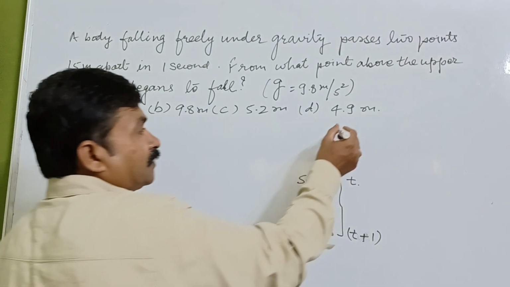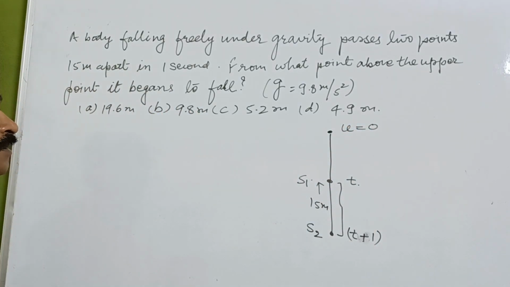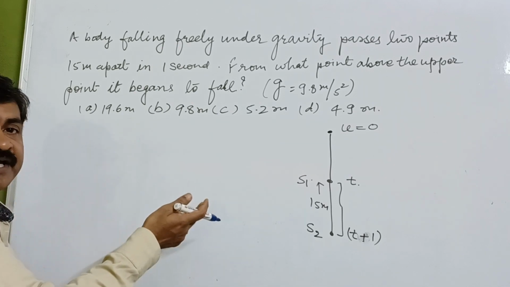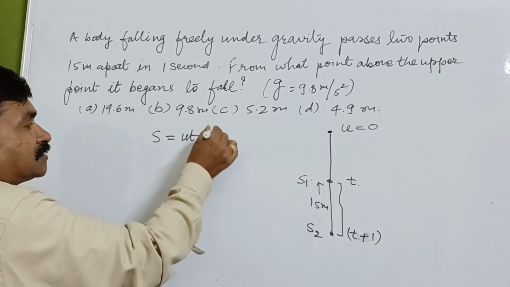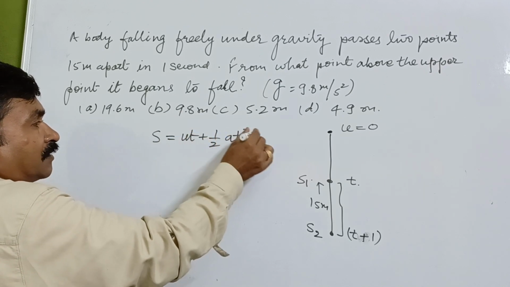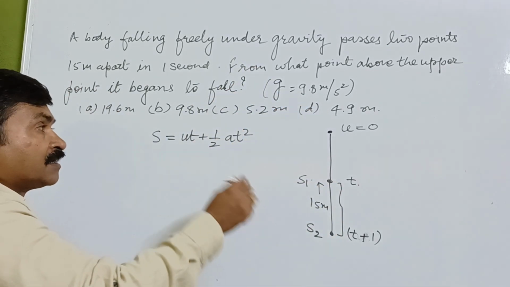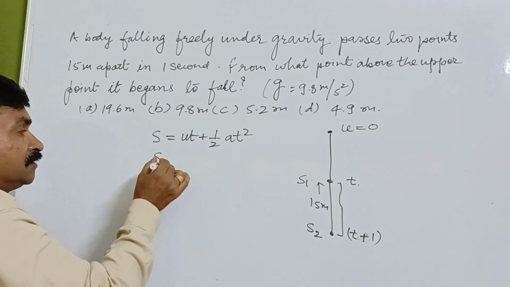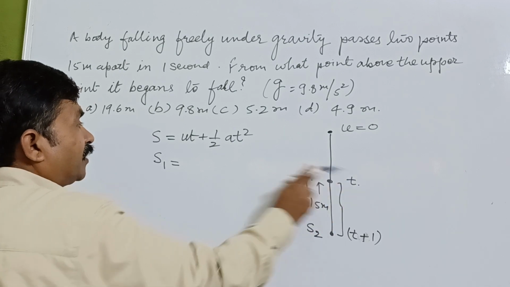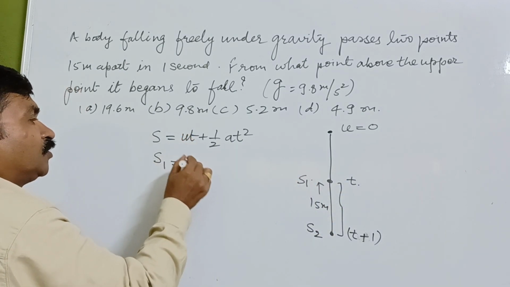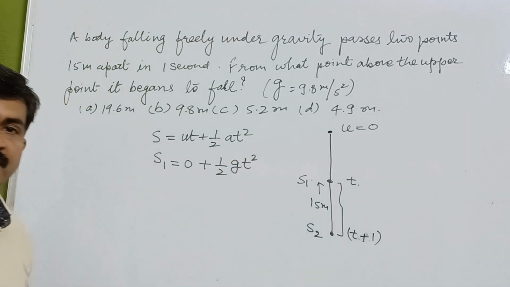Now if we see, it is falling freely, which means initial velocity is 0. Now here we can use the second equation of motion, which is S equals ut plus half at square. Now the body is coming down, the value of g is going to increase. So this equation we can write for time t: the initial velocity is 0, plus 1 upon 2 g t square.